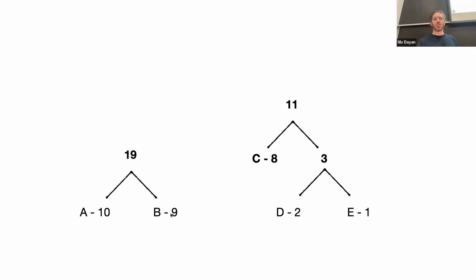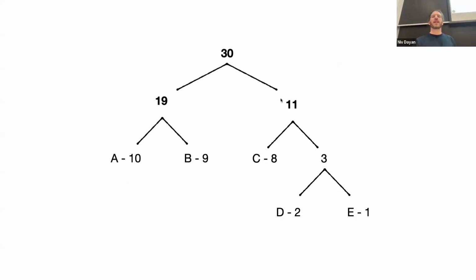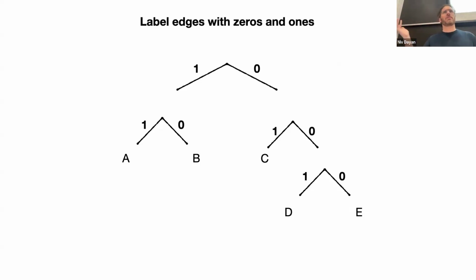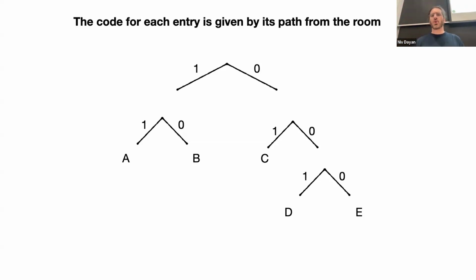Exactly right, because both A and B have a greater frequency than 11, the cumulative frequency of this subtree. And then finally, I'll connect these two. Okay, now I have my Huffman tree. And I am going to remove the frequency labels and mark every left edge and every right edge as 1 and 0 respectively. And now the path from the root to every symbol is going to encode the code for that symbol.